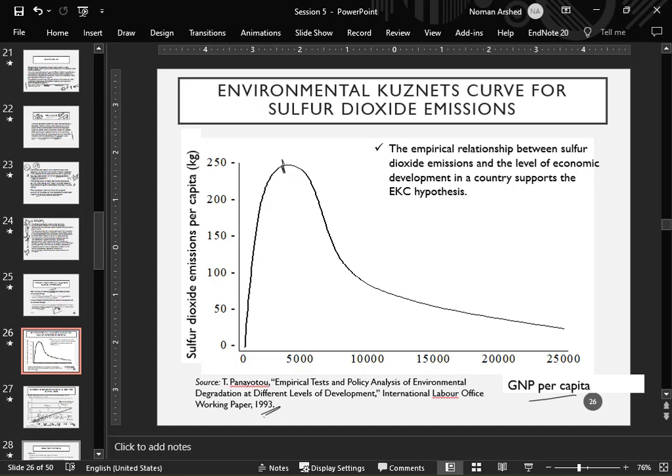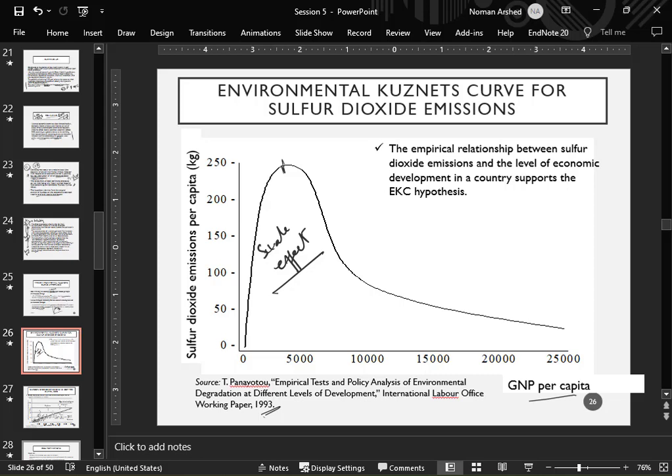And this point we already studied, this is a scale effect. Theoretically, people are buying things without caring about the implications, because when their income is low, they are focusing more on fulfilling necessities. So they are buying things that might be harmful for the environment.